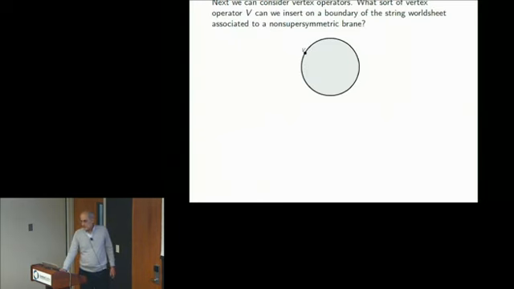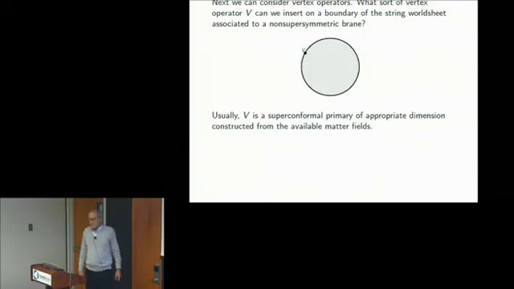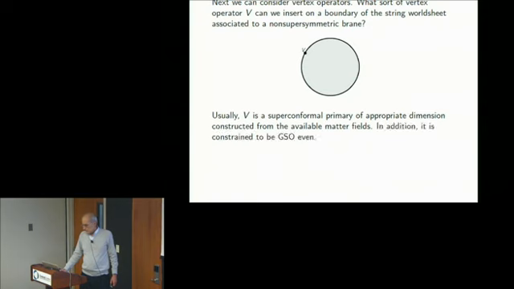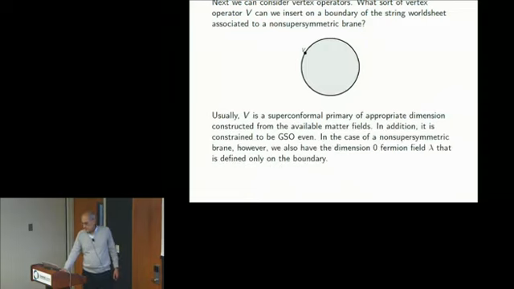Now we can consider vertex operators. What sort of vertex operator V can we insert on a boundary of the string worldsheet associated to a non-supersymmetric brane? So here's the worldsheet, and here's a boundary point. We're inserting an operator V. What can V be? Well, usually V is a superconformal primary of appropriate dimension constructed from all the available fields. In addition, it's usually constrained to be GSO even. So GSO symmetry is a discrete symmetry that decides whether the operator is bosonic or fermionic, and only one is allowed.